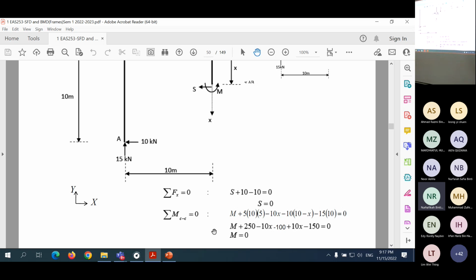So these are the moments, and then make them equal to 0. So you find M is also 0, meaning that that member has no bending moment and no shear force acting in the member.